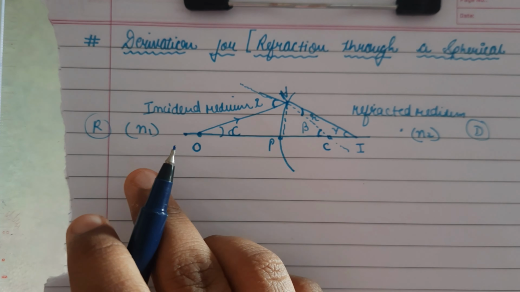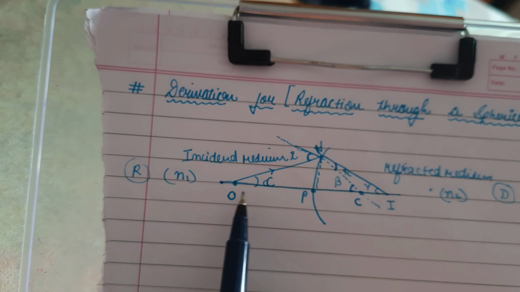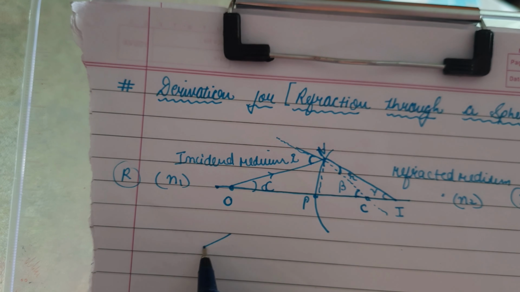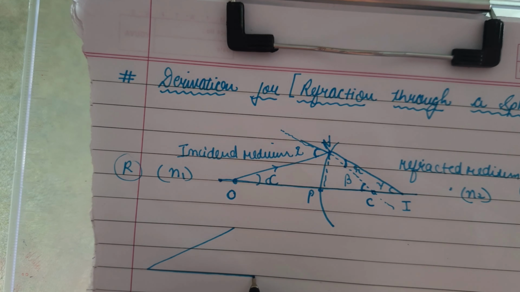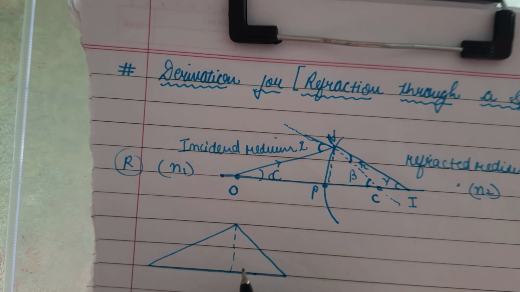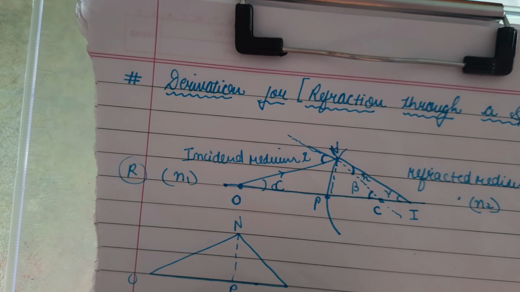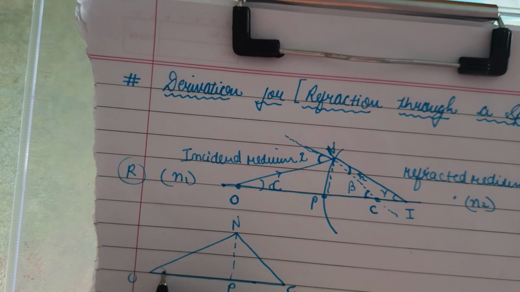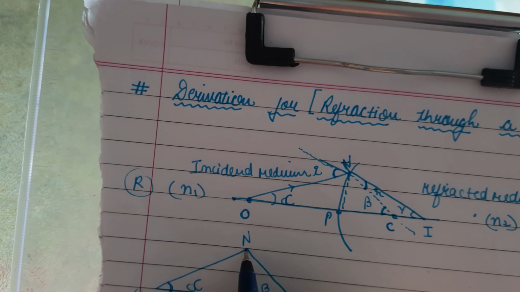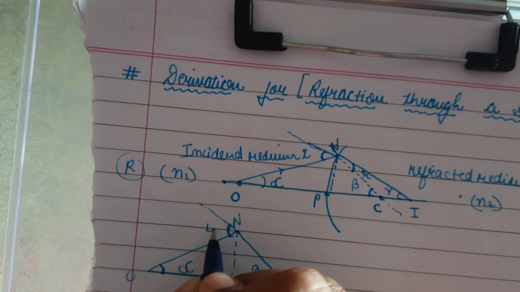First of all, we need to take a triangle. Which triangle? Triangle ONC. Okay, so let's take it. We have normal over here, N, and here is P, here O, and here it's C. This angle is alpha, this angle is beta, and if we properly draw it, this is the angle of incidence.